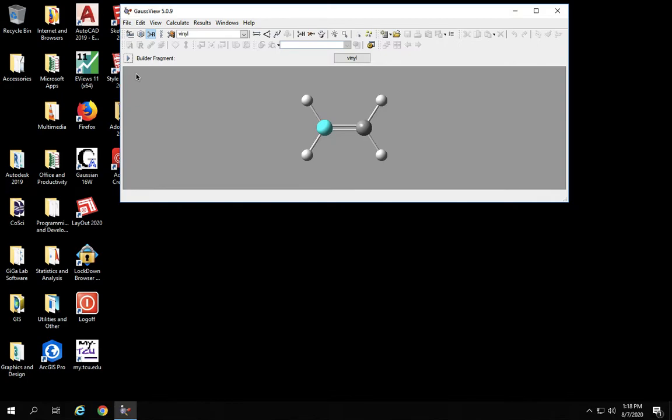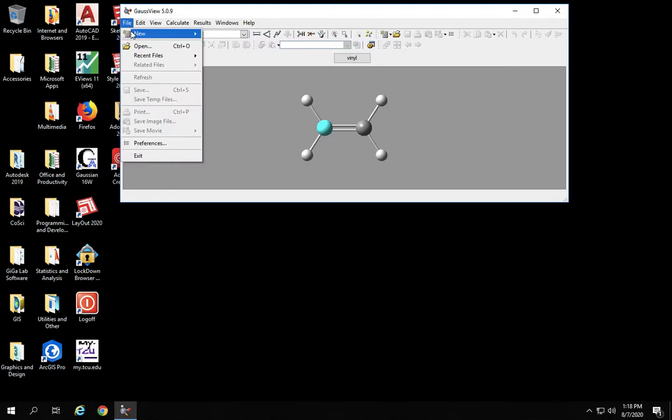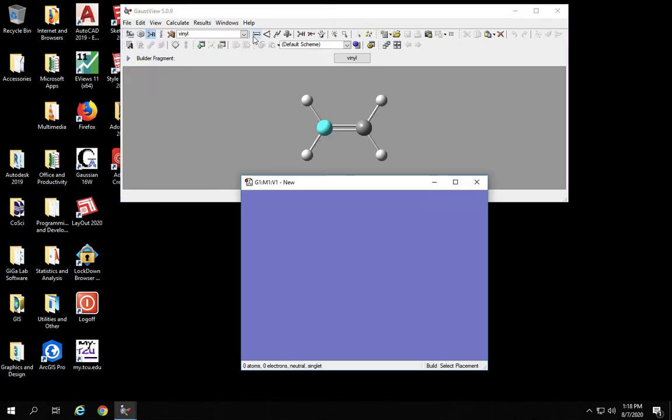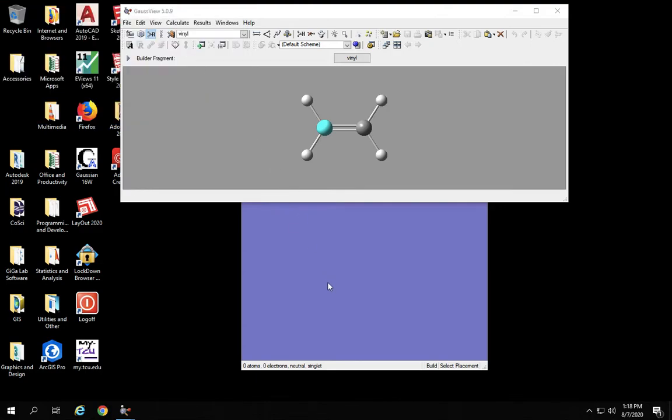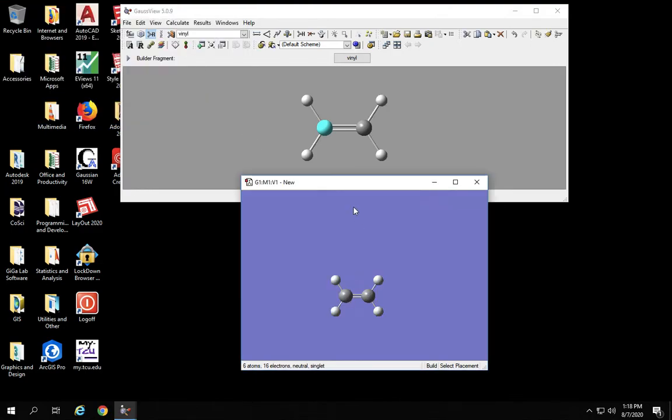The first thing that we're going to do is build a guess at the initial geometry of the maleic acid, which is a dicarboxylic acid. So we're going to go to File, New, Create a Molecule Group. Now I'm going to go to this R group tool and choose a vinyl group because that's going to be in the middle of the molecule.